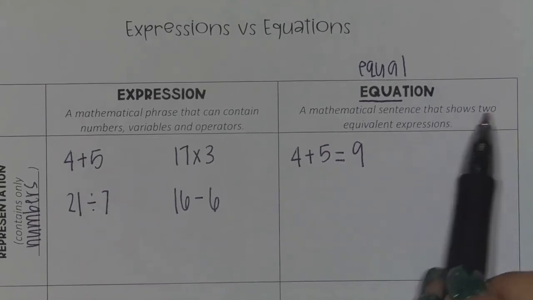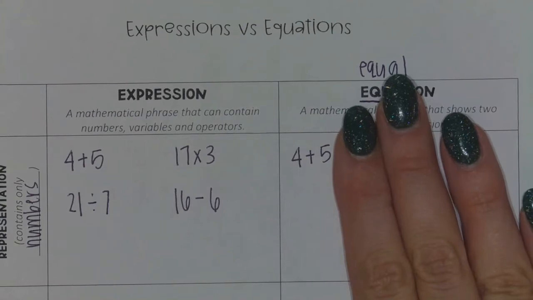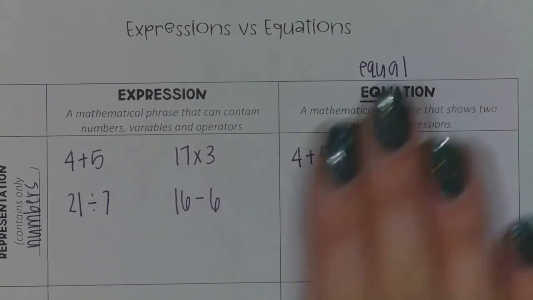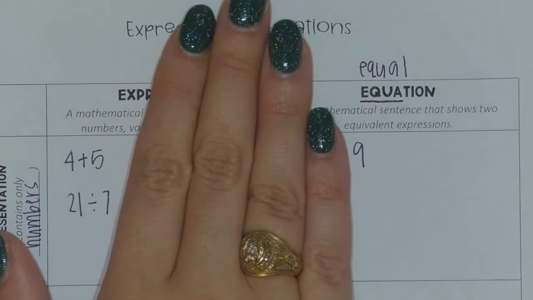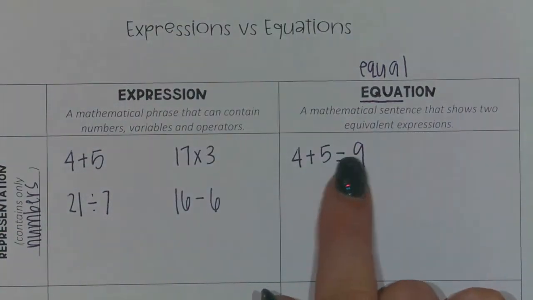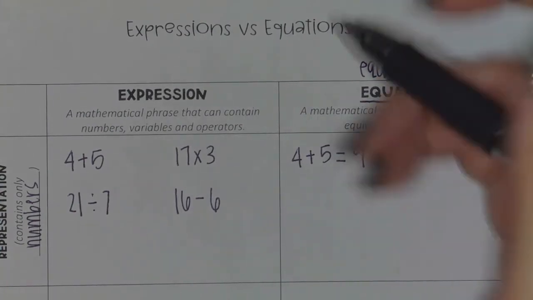Where it talks about having two equivalent expressions, if I cover up the equal sign, 4 plus 5, that is an expression. If I cover up the equal sign and just have 9, that is an expression. 4 plus 5 is equivalent to 9. So there are my two equivalent expressions.